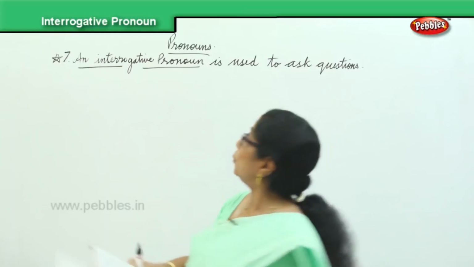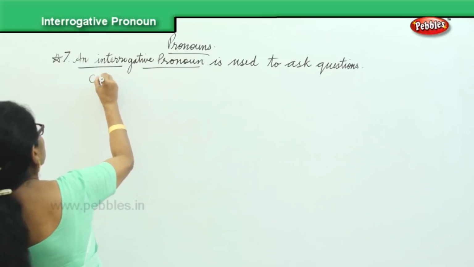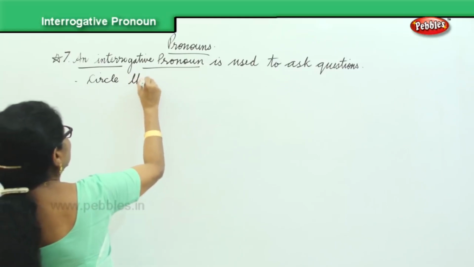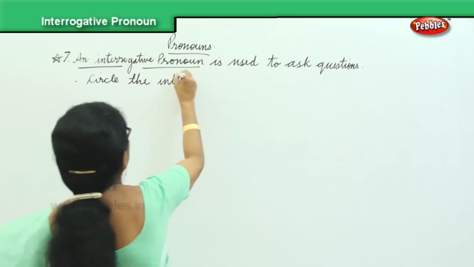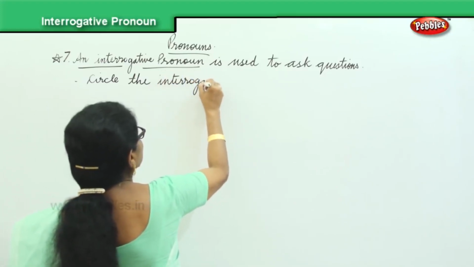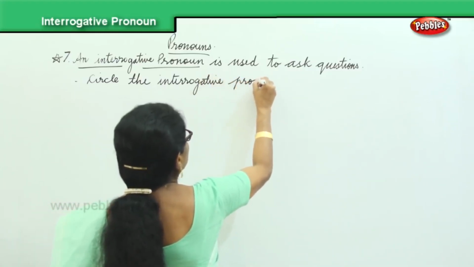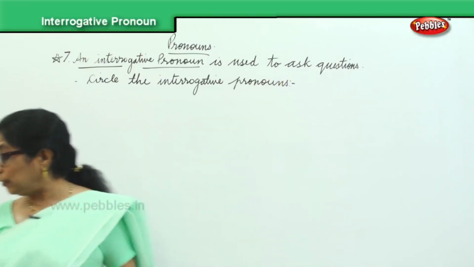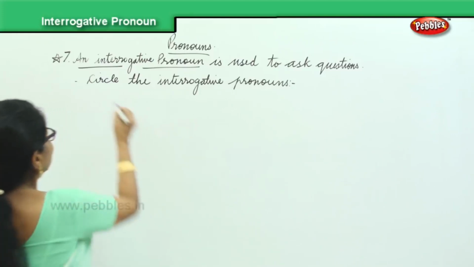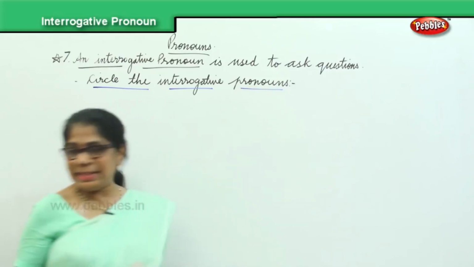Circle the interrogative pronoun in these sentences. We have to identify and we will circle.